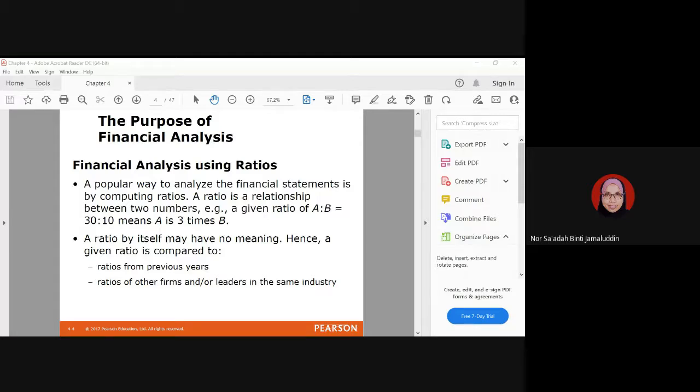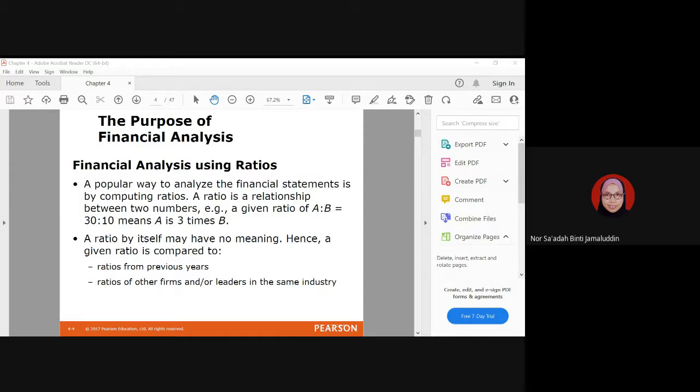Selain daripada tahun sebelumnya, kita juga boleh compare ratio own company with other company, other firm ataupun company dalam the same industry. So kena do comparison. A ratio by itself has no meaning. Okay, so this is on the ratio.